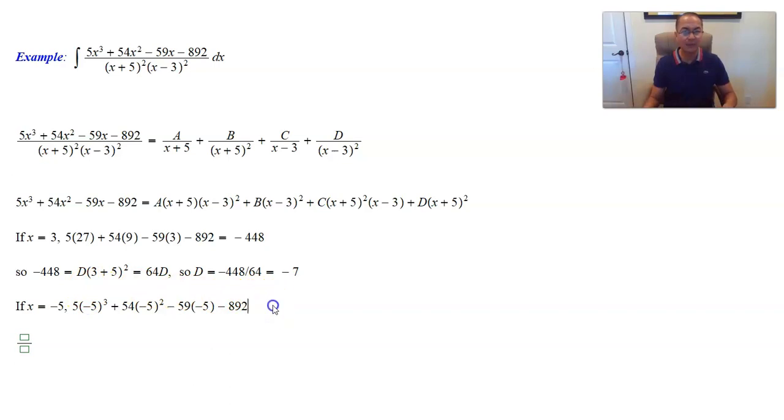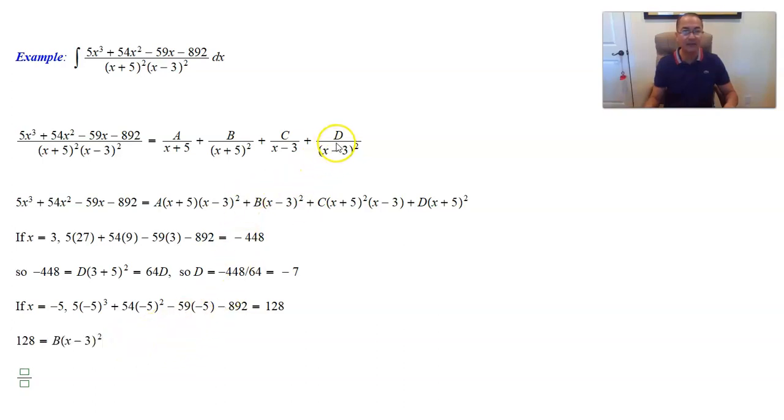Let the machine do the work for us. So what is the outcome? 128. And on the right side, who survives? So this time, x is minus 5. 0, not 0. 0, 0. Aha, so B survives this time.